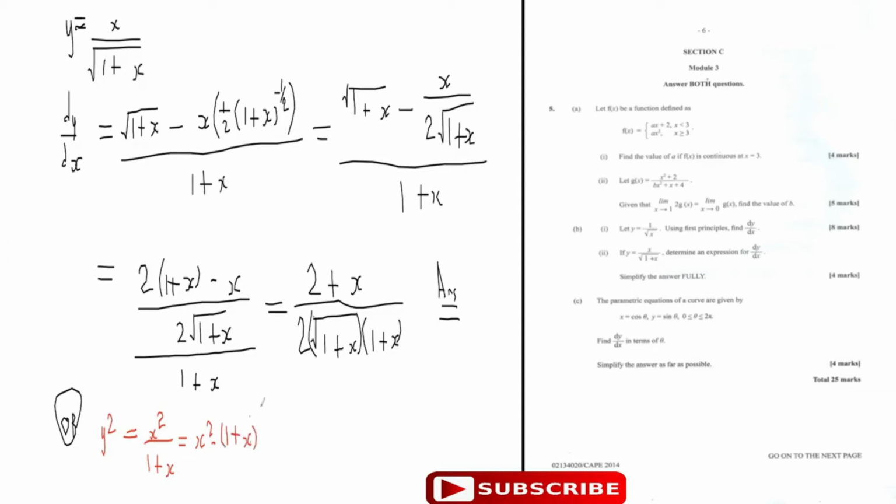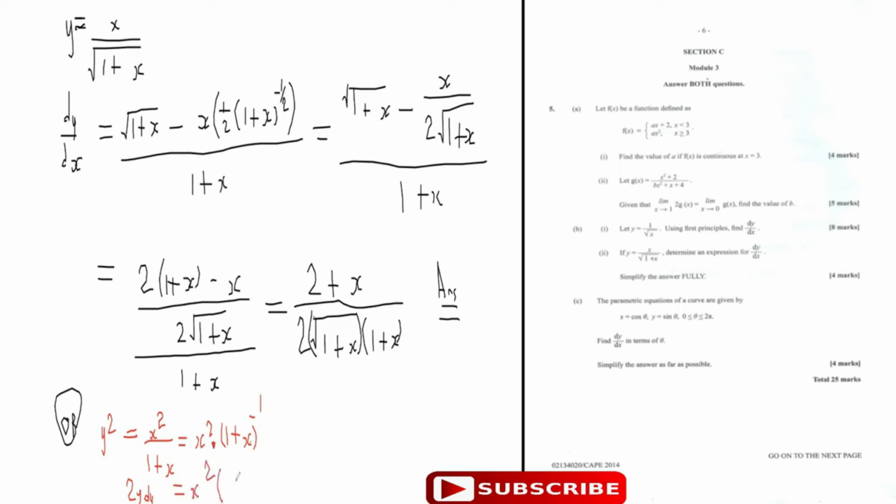Using implicit, differentiating both sides with respect to x, you get 2y dy by dx. That would be equal to, keep the first, times the derivative of the second.